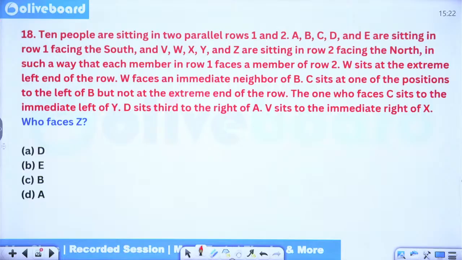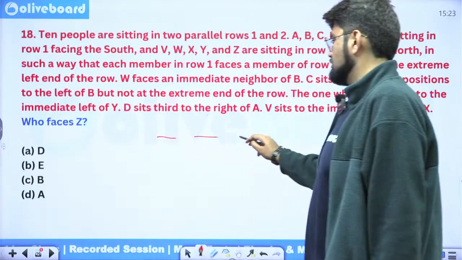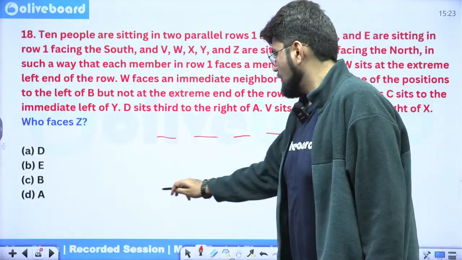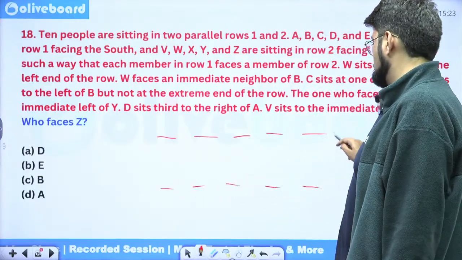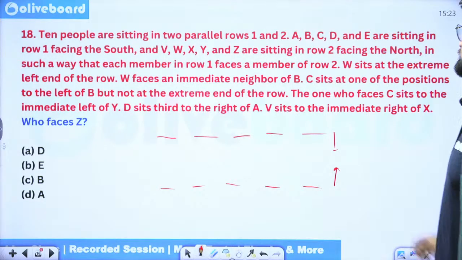Ten people are sitting in 2 parallel rows, 1 and 2. Row 1: A, B, C, D, E are sitting in row 1 facing south.